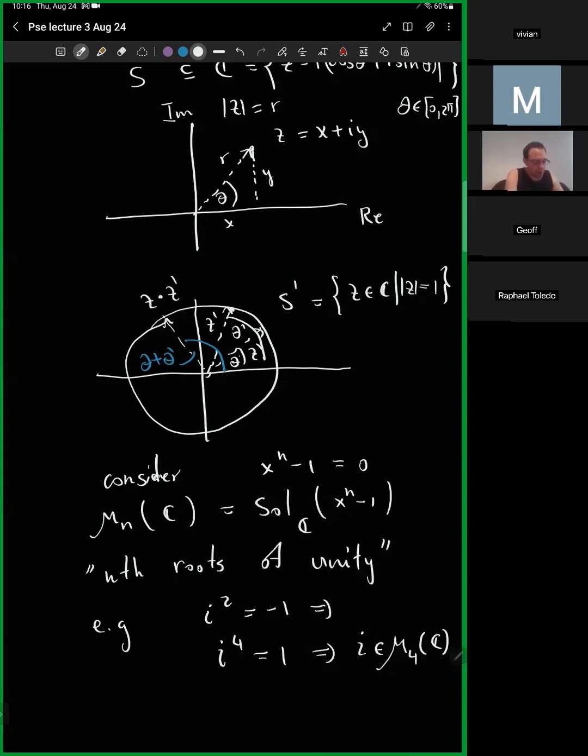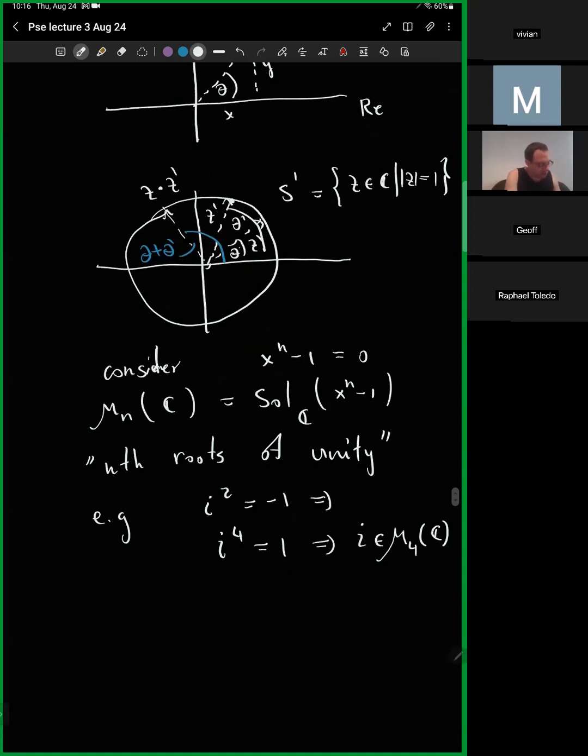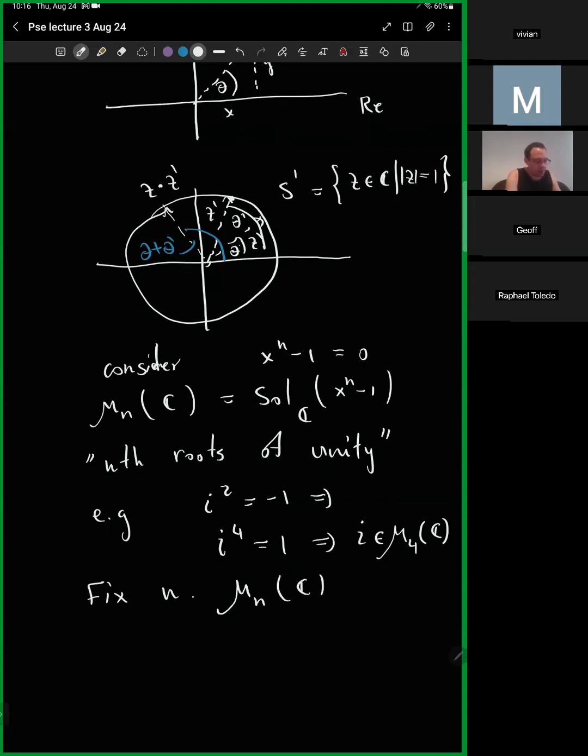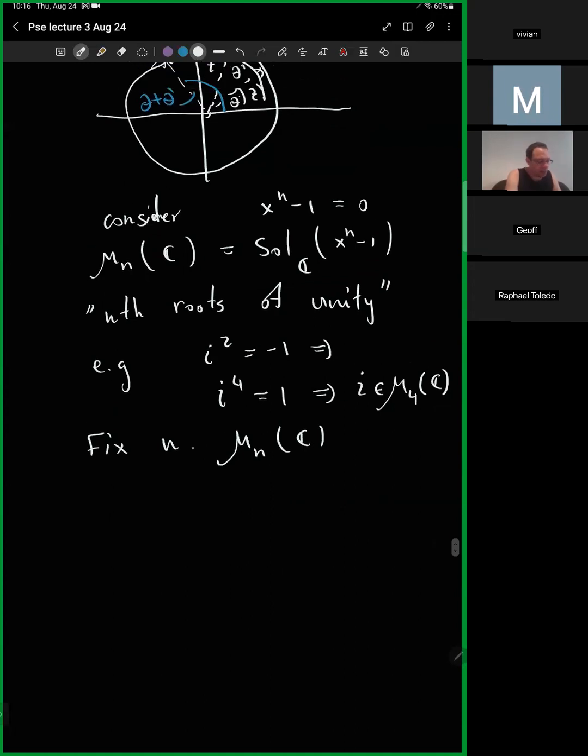Now, we fix an n, and we would like to understand the entire collection mu n of C. Well, you can see that since z is a complex number in mu n of C, it needs to satisfy that z to the n is equal to 1.